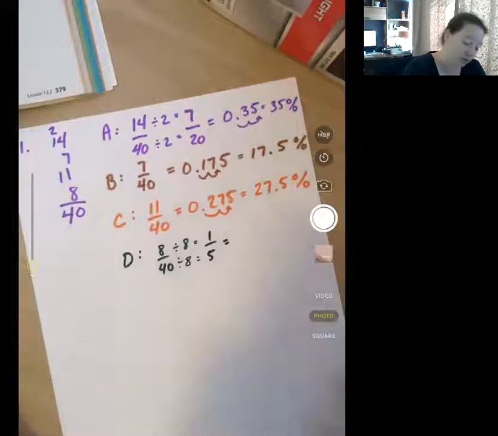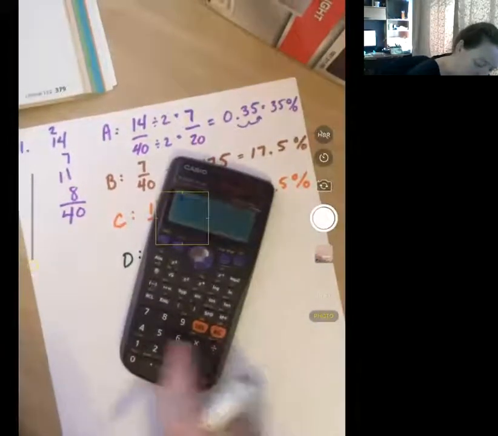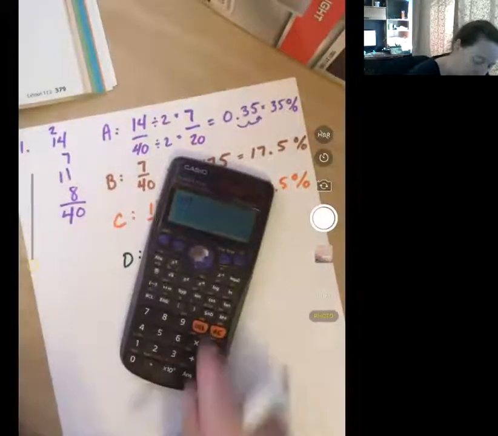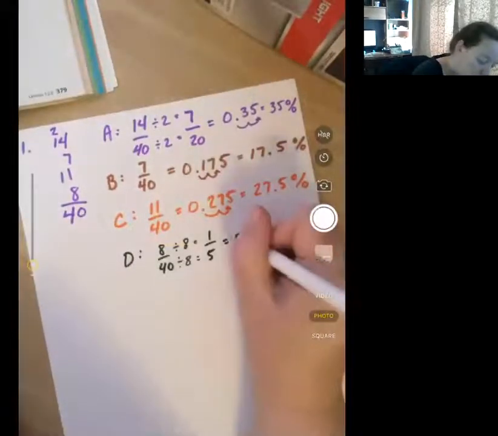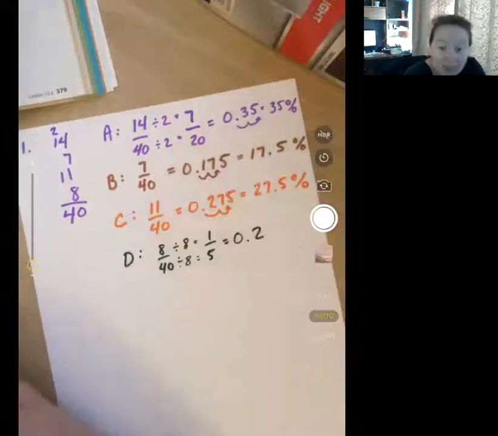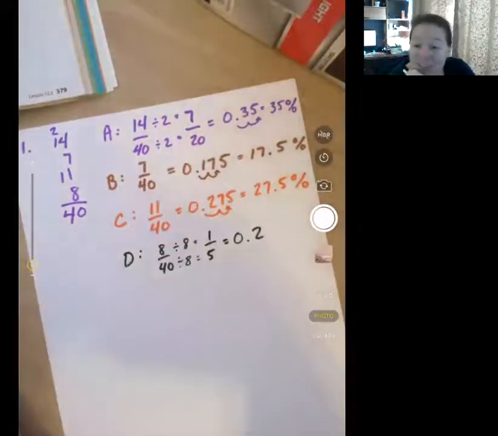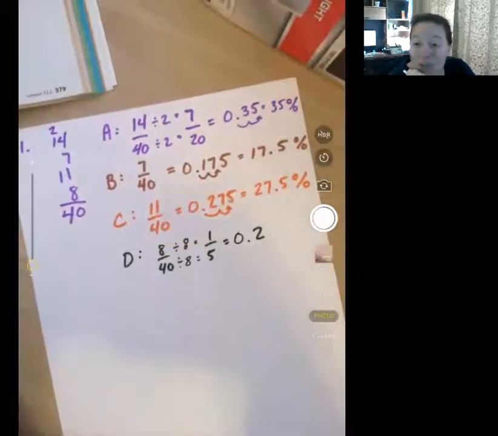So again, I'm going to go over to my calculator. 1 divided by 5 equals 0.2 or 2/10. This one only has the 1 decimal. You remember what to do when we need to move it 2 times and we only have 1 number?